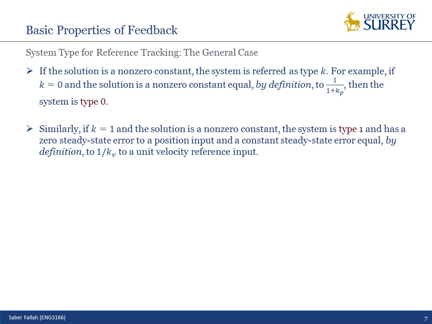What we defined last week for the position steady state error, the velocity steady state error, or the acceleration steady state error, all were for unit feedback systems. Here today we are talking about non-unit feedback systems. For a non-unit feedback system, we need to look at the steady state error of the system, and based on the number of poles at the origin, we can define the type of the system.